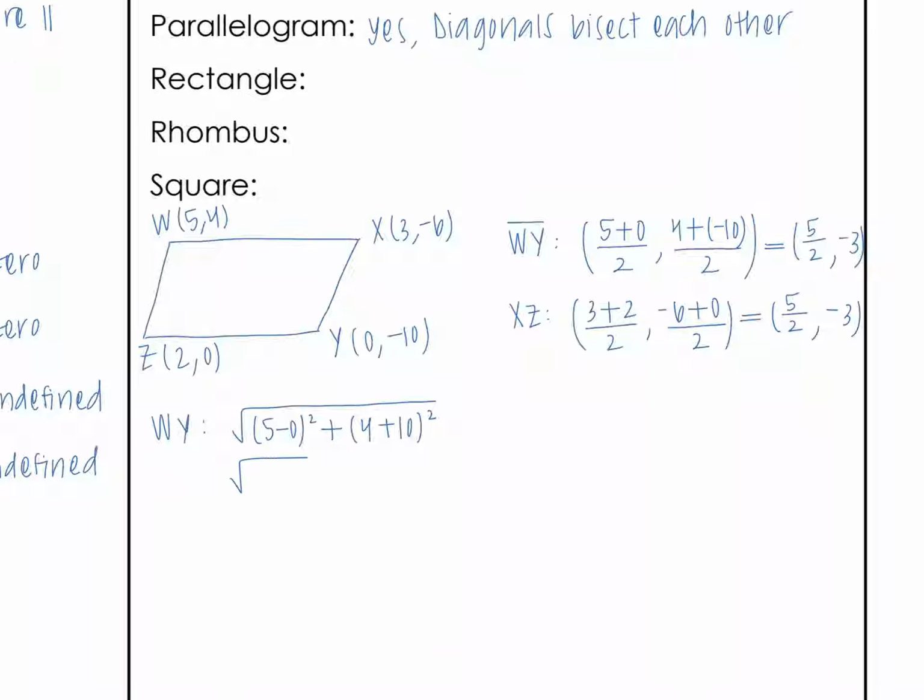Okay, so then going through and simplifying, we've got that 5 minus 0, 5 squared, plus we'll have 4 plus 10 gives me 14 squared. So we'll get 25 plus 196.